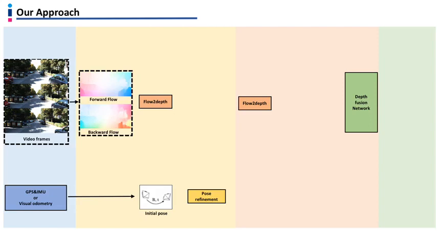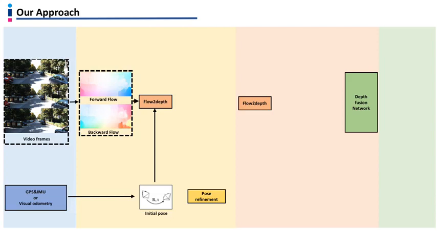The forward flow represents the displacement between the target frame and the before source frame, and the backward flow represents that for the after source frame. Regarding optic flow estimation, we utilize the state-of-the-art optic flow method, FlowNet. Note that we adopt not only the network architecture but also the network weights, and keep the parameters fixed.